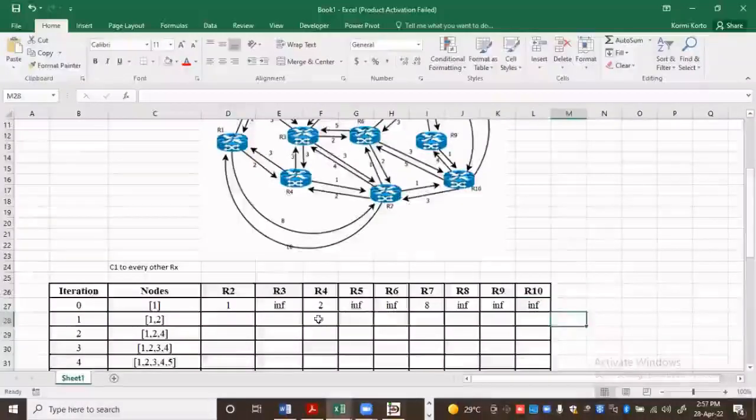If somebody wants to know, Louis wants to know why there's no R1. Think about it. If you're inside your home and you want to send yourself packets, do you have to go out to send yourself packets?